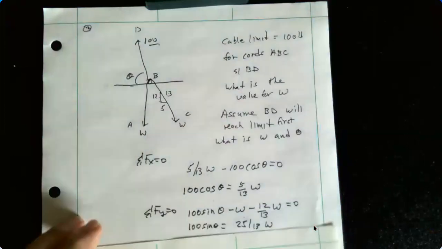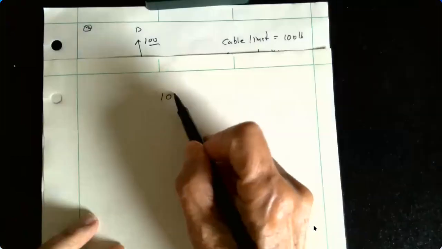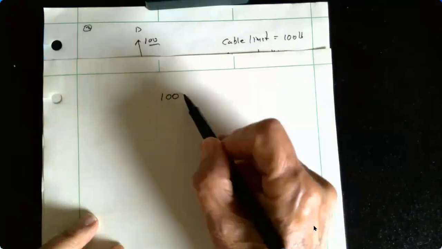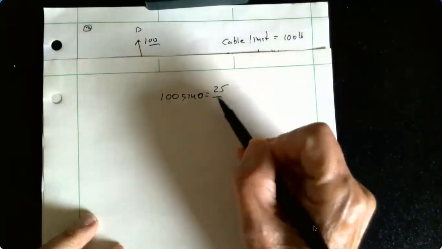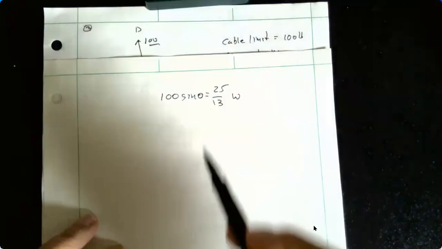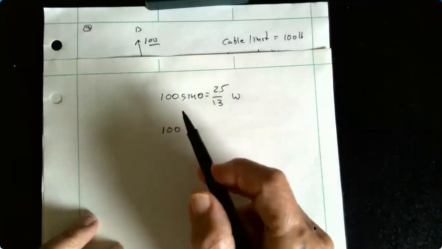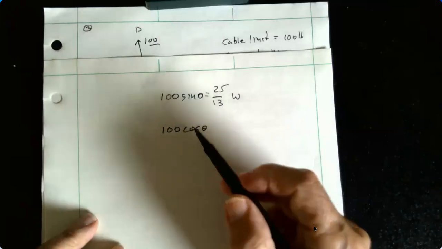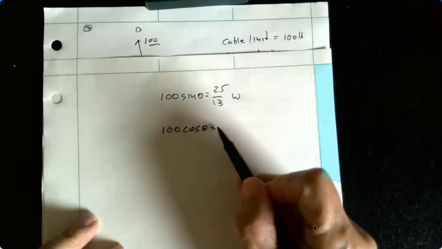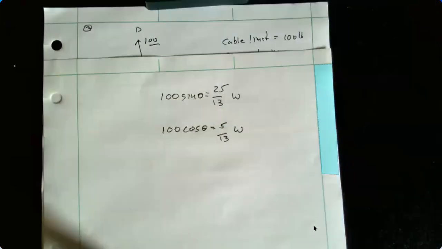So what I have here then is 100 sine theta is equal to 25/13 W. Right below this, I'm going to write the other equation, 100 cosine theta is equal to 5/13 W.